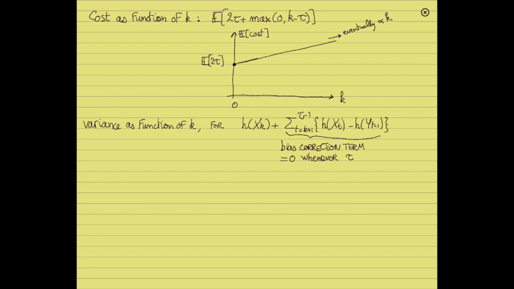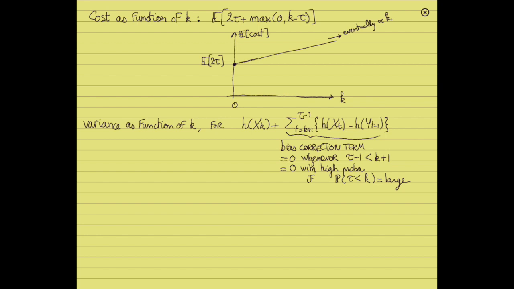So if tau happens to be smaller than k, or in fact smaller than k plus 2, the bias correction term is equal to 0 exactly. And so it will be 0 with high probability if k is a large quantile of the distribution of tau. So if the probability that tau is less than k is itself close to 1, meaning k is a large quantile of the distribution of tau.